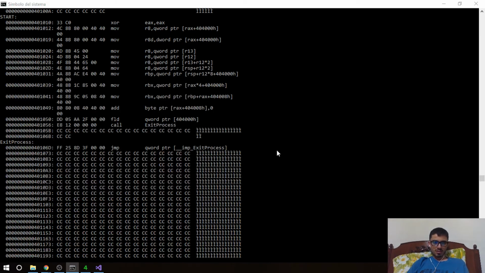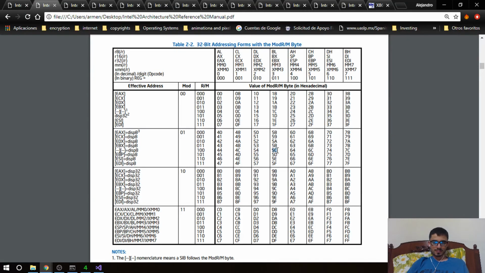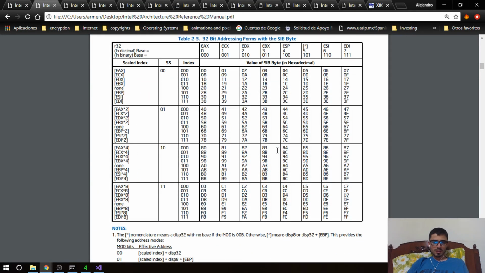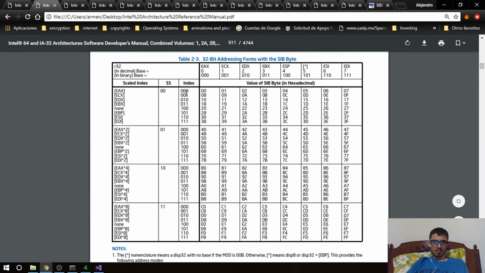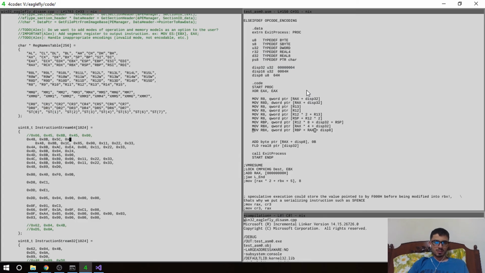And then on the SIB, I want the first one, and I want EAX. That means that we need 0x05, and then we need just that. Alright, that's all we need.